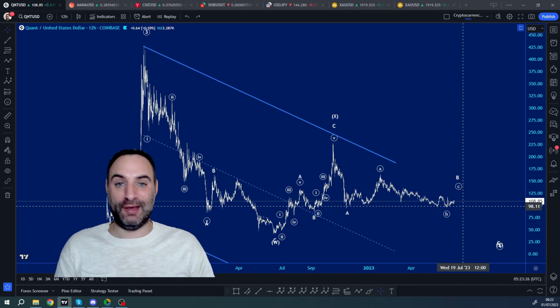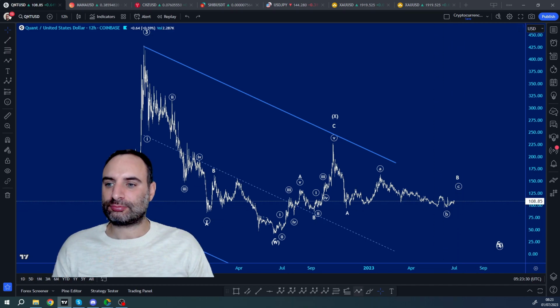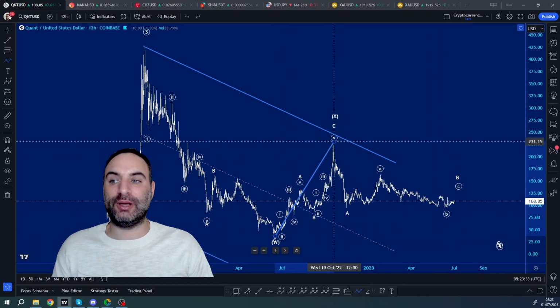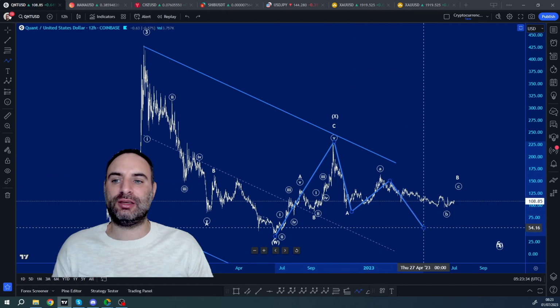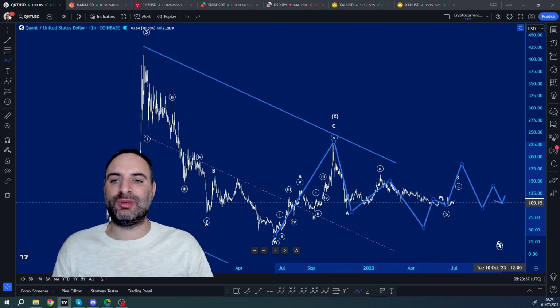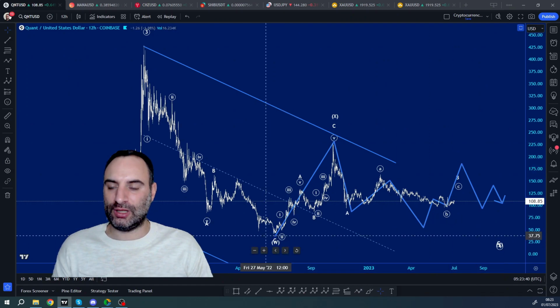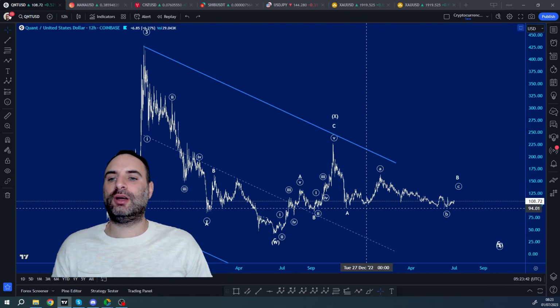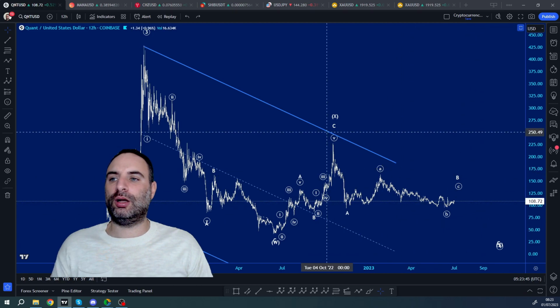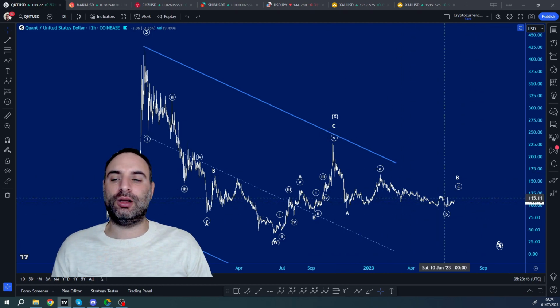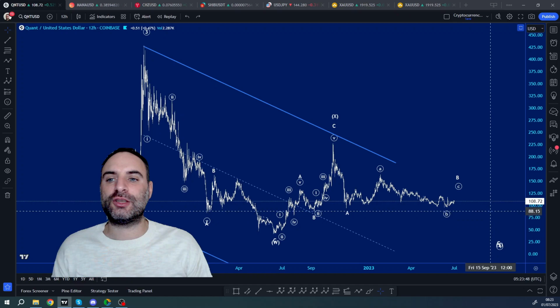I've never seen this, so it's not much likely. So the case I would see maybe W and X, that would be A, B, C, A, B, C, A, B, C for Y, and then go up. So that would be the case where we don't need to go below W, right? Or if wave Y ended up being a running flat, with a wave C, of course, truncated.